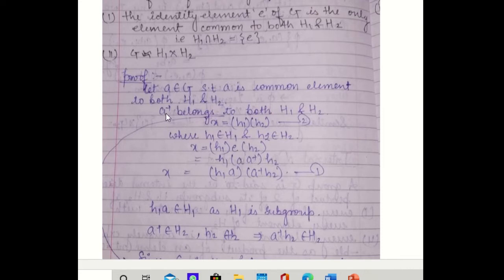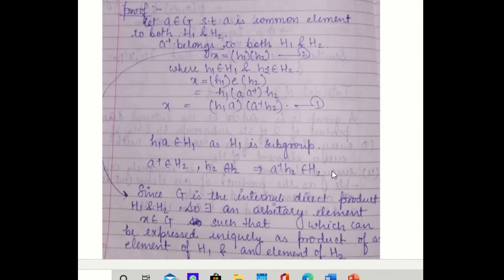Now since A inverse is the inverse of A in G, A A inverse equals E, so we replace E by A A inverse, and by associativity we get X equal to h1A into A inverse h2. Let it be equation number 1.